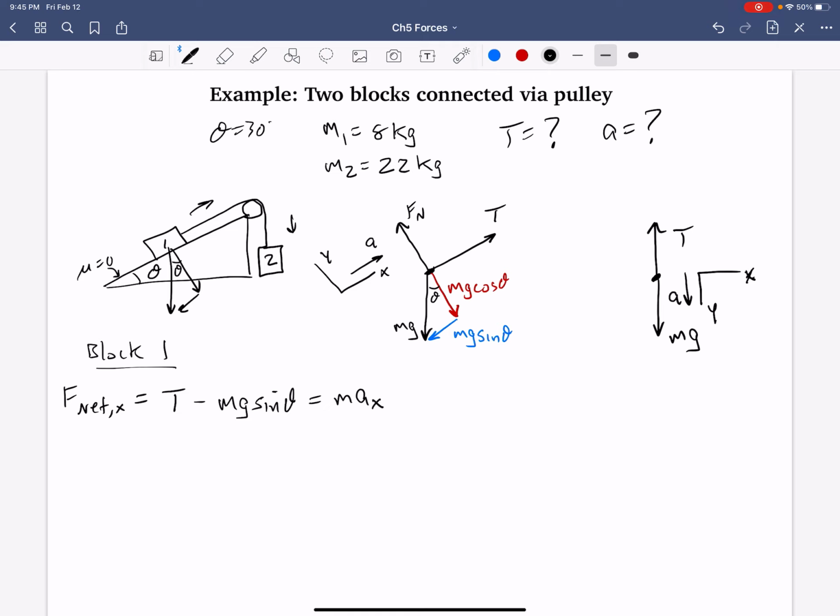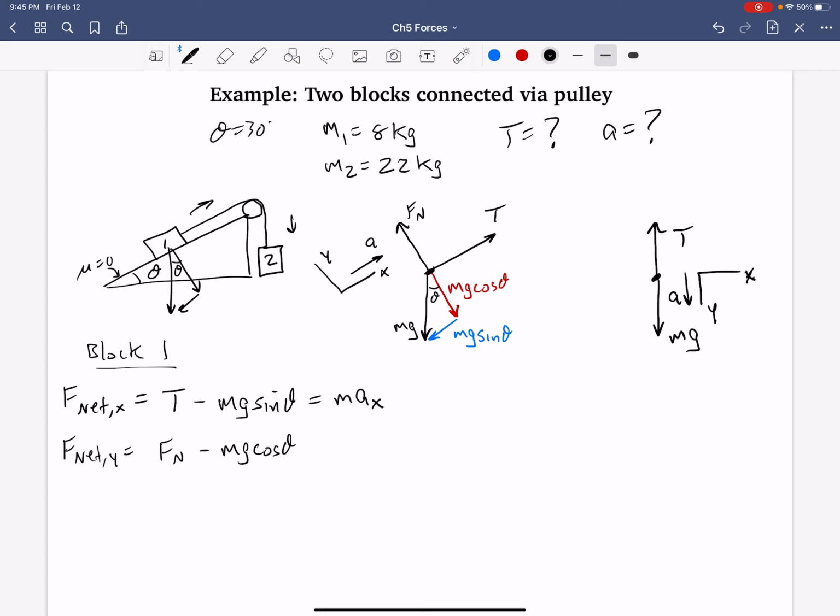Okay? All right. And the y direction is positive normal force, Fn, and negative mg cosine theta. Right?